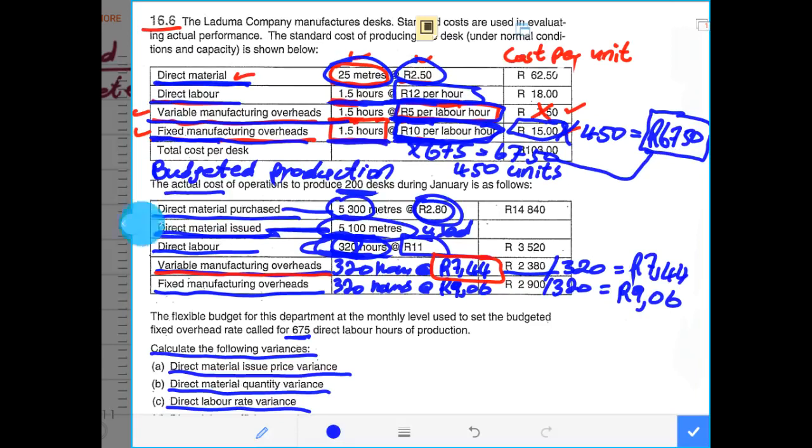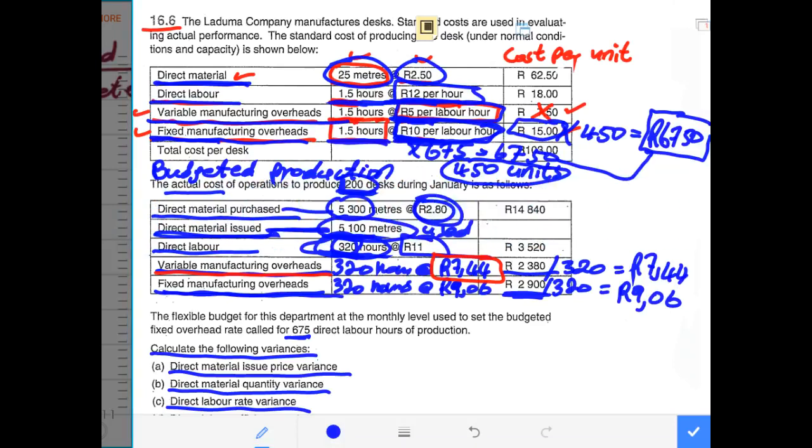Now we know that our actual fixed overhead cost amounted to 2,900. So now there's too much variance here, we can see. Remember, the company budgeted to manufacture 450 units, but they actually manufactured only 200. So obviously, the variance will have to be quite huge in this instance.